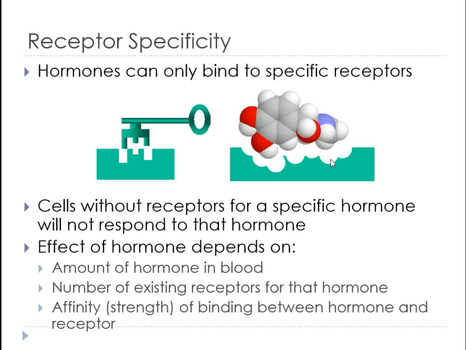If you ever hear of somebody having a hormone imbalance, what it could mean is that one of these shapes is missing. And when these shapes are missing, then that cell is waiting for that hormone, but the hormone doesn't fit for some reason. Usually it's a genetic reason, and it causes the cell not to be activated. So a type of diabetes that you're born with the defect is that they don't make that hormone correctly.